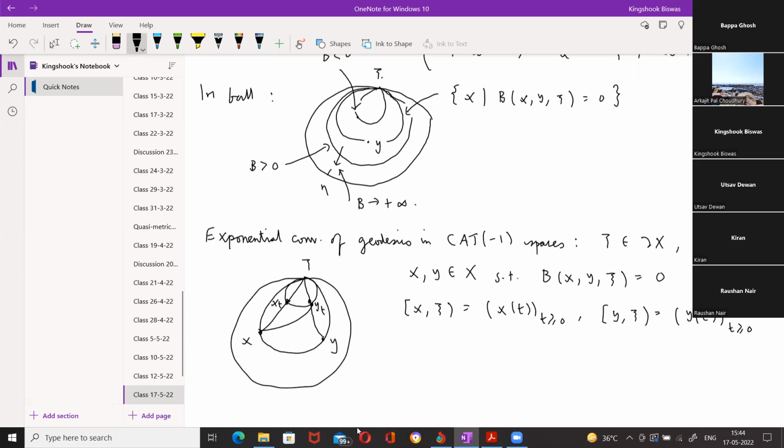So this distance is almost equal to this distance. So if this is t here, then this will be t plus little o of 1. And let me call this distance here some fixed distance, say c.